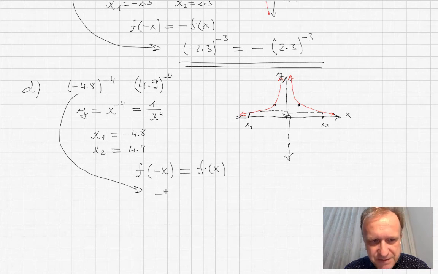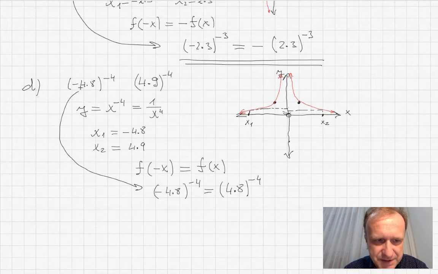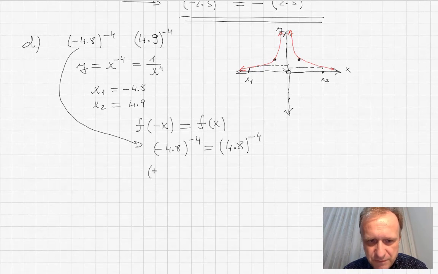We can say that minus 4.8 to the power of negative 4 must be the same as 4.8 to the power of negative 4. And so instead of comparing these two values, we will now compare the value of 4.8 to the power of negative 4 and 4.9 to the power of negative 4.